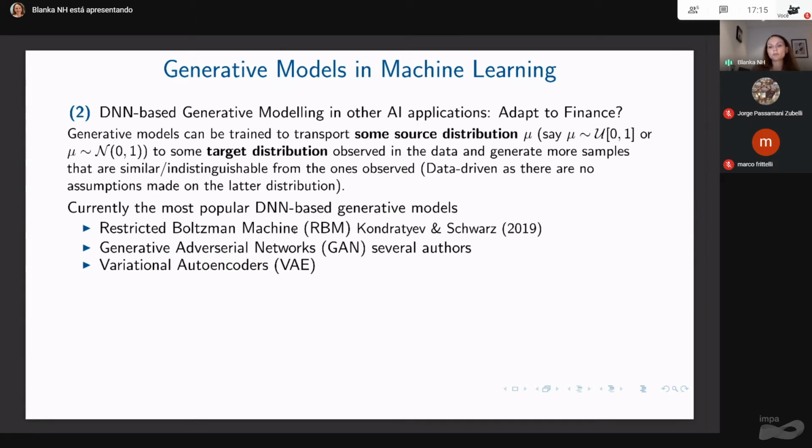And then the approach that we take in this paper is by a variational autoencoder. And the reason for this is that we would like to focus on, as the title says, a small data environment. So we would like to be able to learn the distribution of a stochastic process of an observed time series when the available training samples from this time series are very scarce.